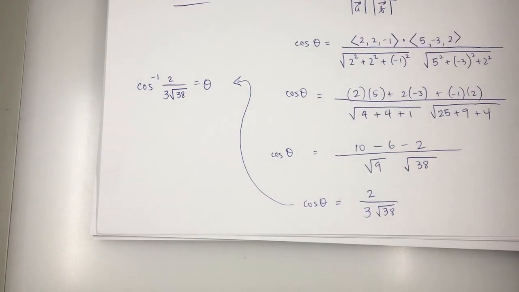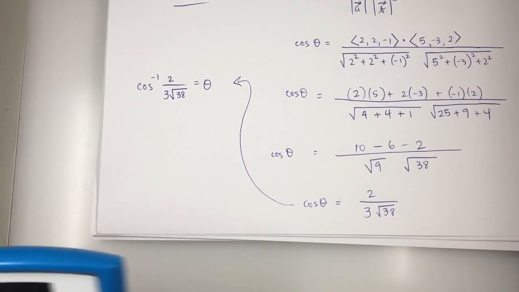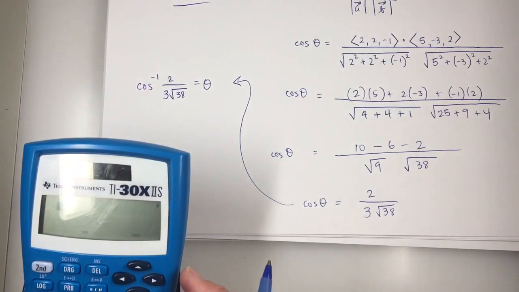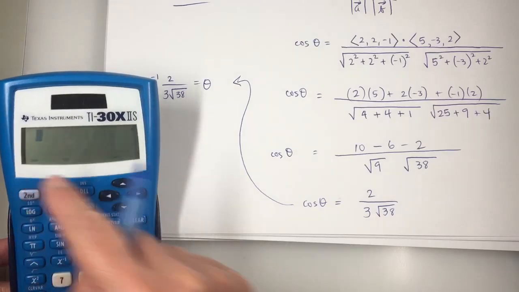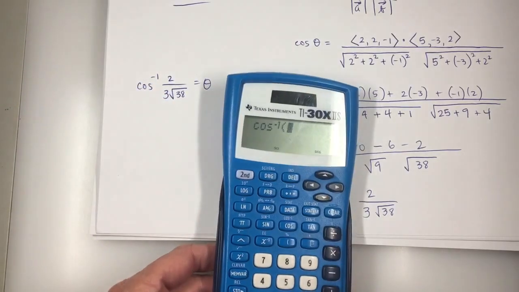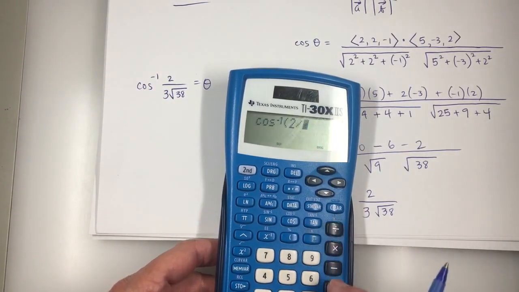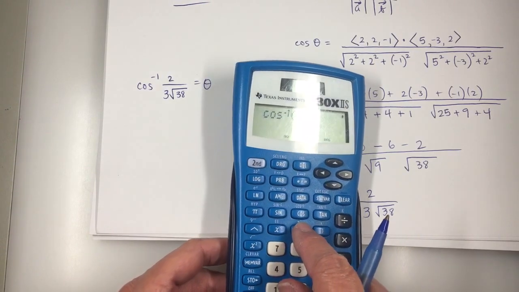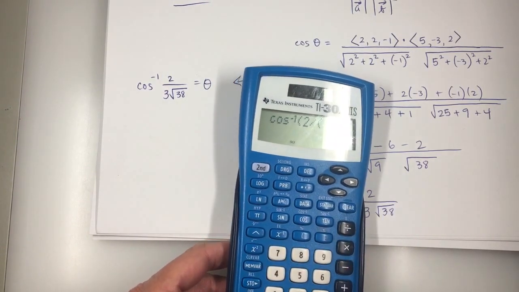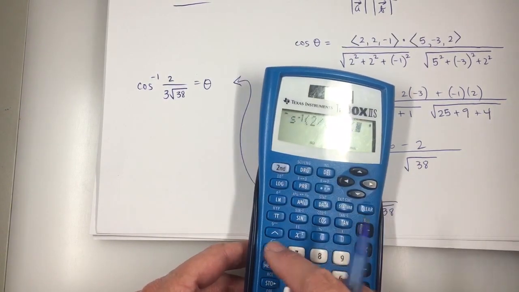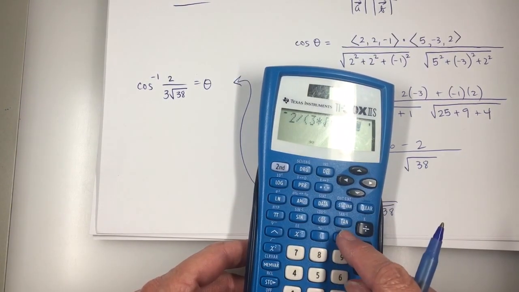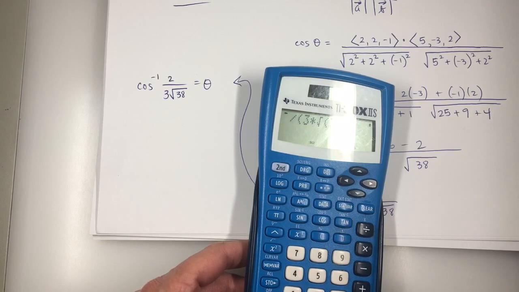And I'm seeing they gave both radians and degrees. And so this one's in degree mode. Inverse cosine of 2 divided by, I'm going to use parentheses in the bottom because that is 3 times the square root of 38. Got to make sure that that gets done before I do the division.